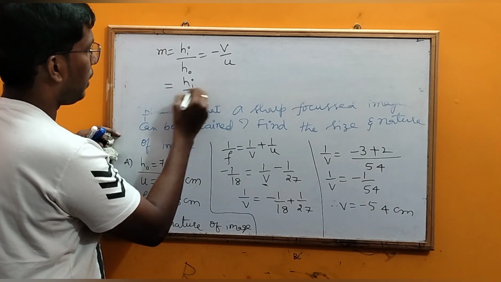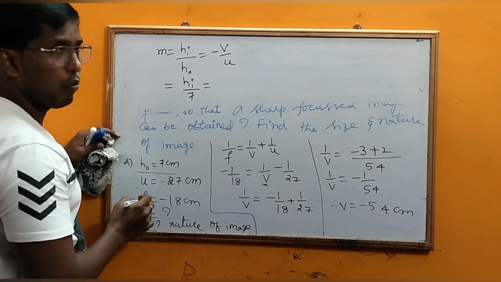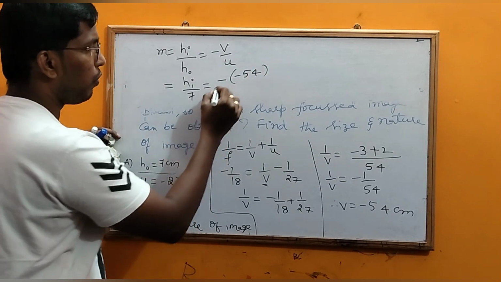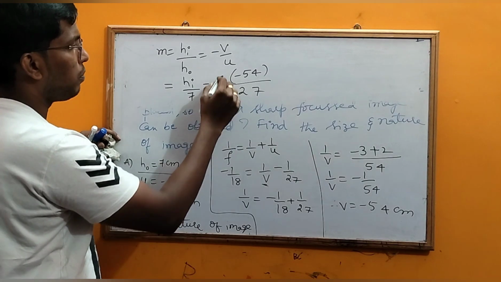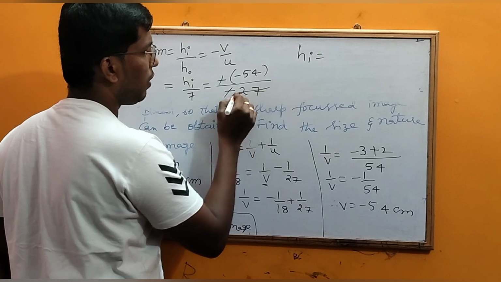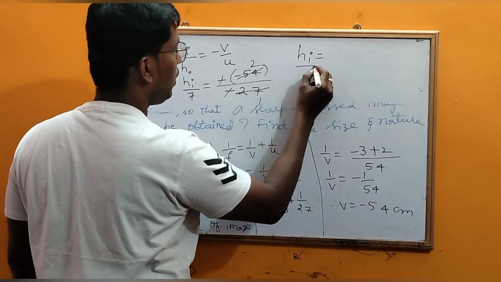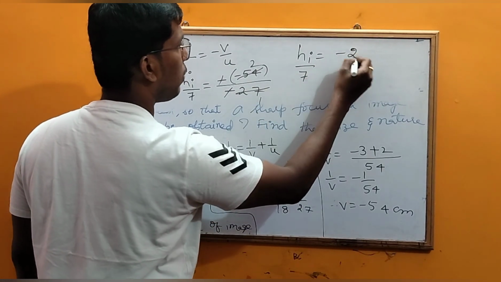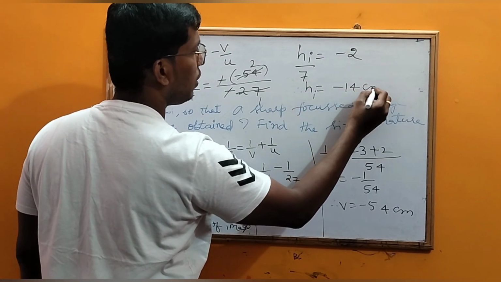Hi divided by Ho, 7, is equal to minus v value 54, minus of minus 54 divided by u value, how much? Minus 27. Minus minus get cancelled. So Hi divided by 7 is equal to minus 2. Therefore Hi is equal to minus 14 centimeter.